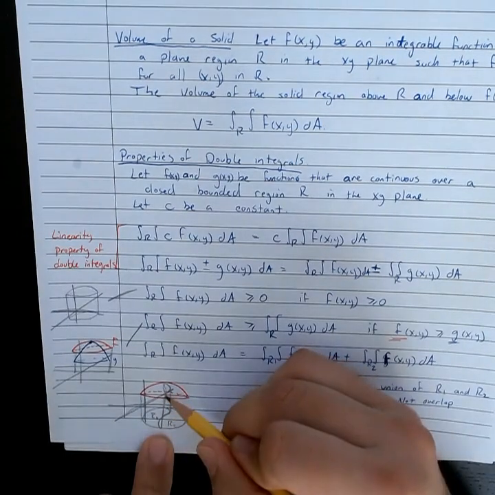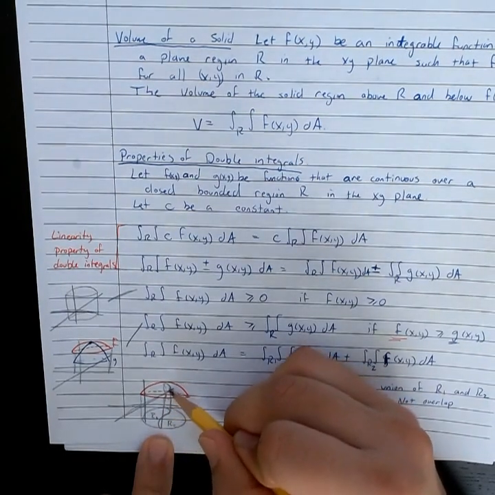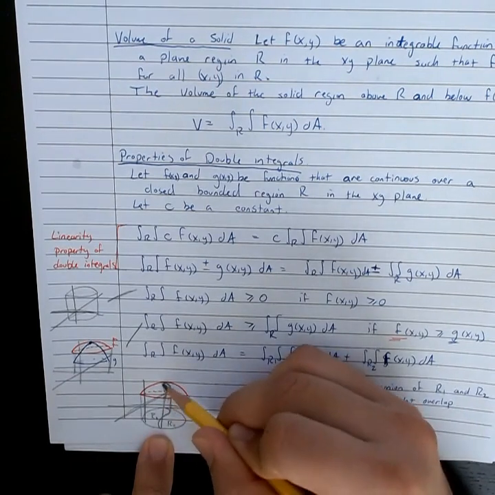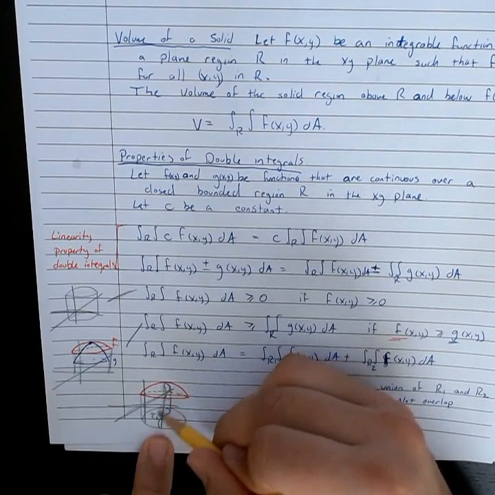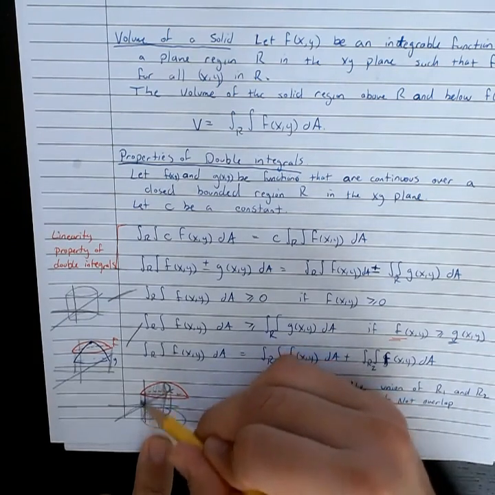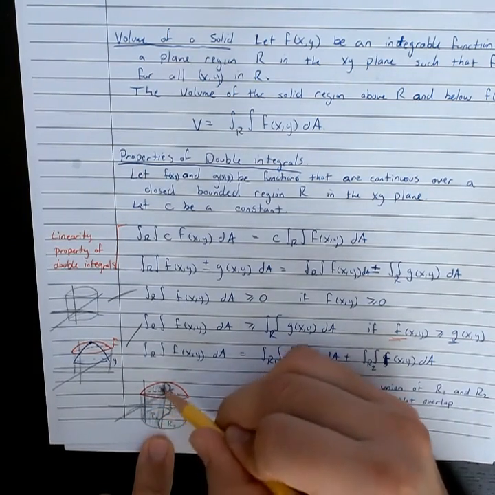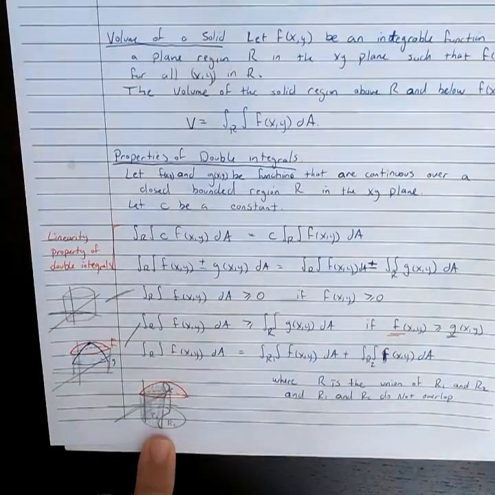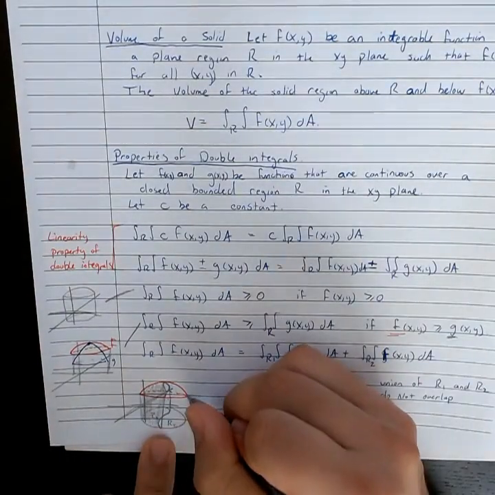You could say, let me find this integral over here first, let me find the volume underneath here, and then separately, let me find the volume over here.